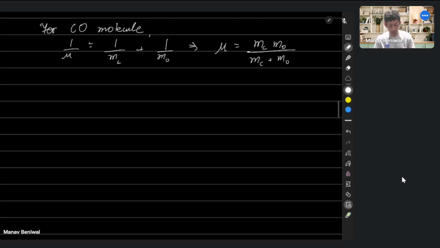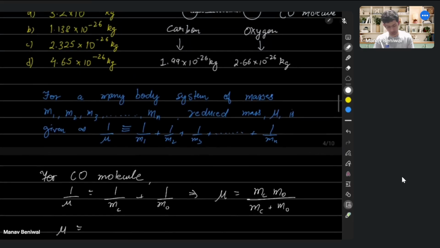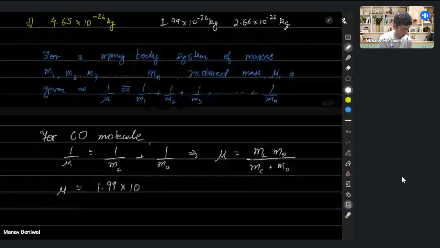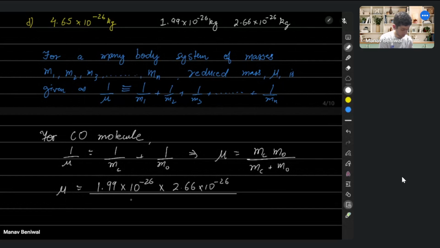Now let's plug in the values. m_C is written here, 1.99 times 10 to the minus 26, times 2.66 times 10 to the minus 26, divided by 1.99 plus 2.66 multiplied by 10 to the minus 26, and it will also come out in kg.